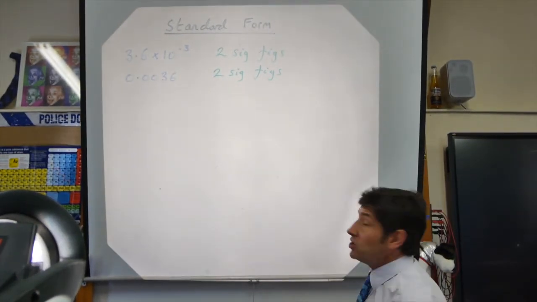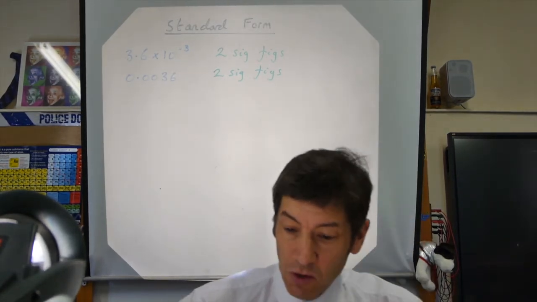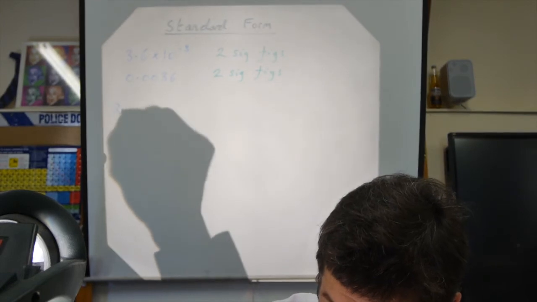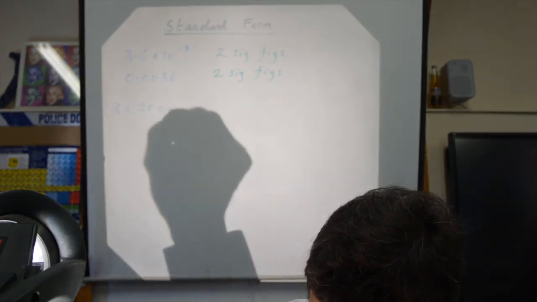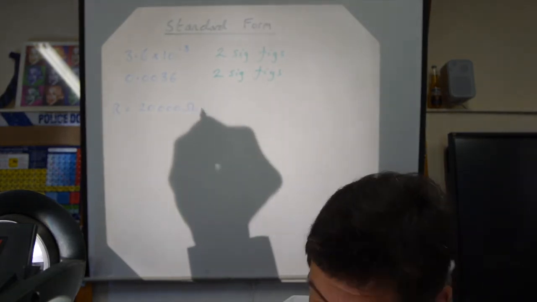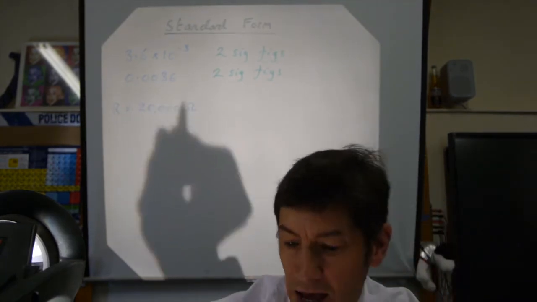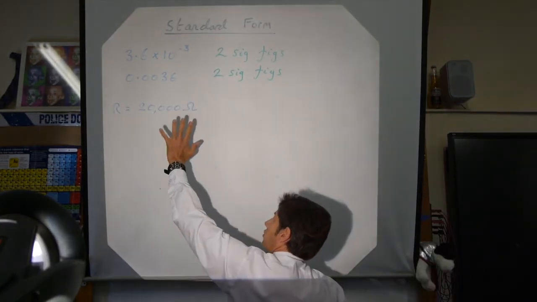Now, let's have a look at some other examples just to make this really clear. So what happens if we measure a resistance and the resistance is this large? I'll put the units on there. I'll put a comma in there just to make it clear, from my teaching, though you shouldn't really put commas in.